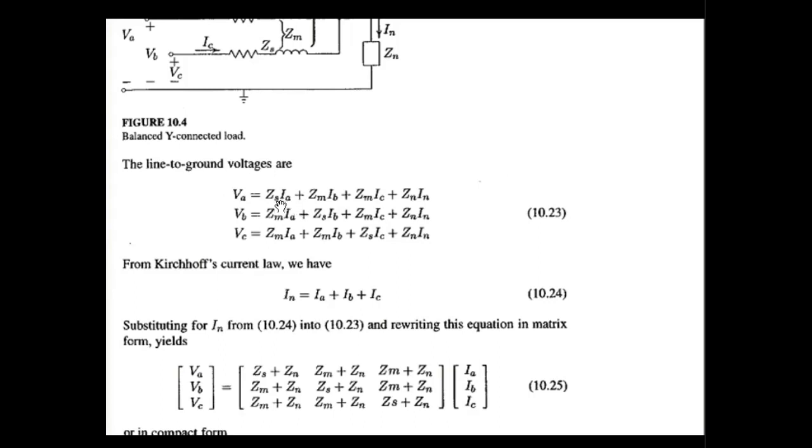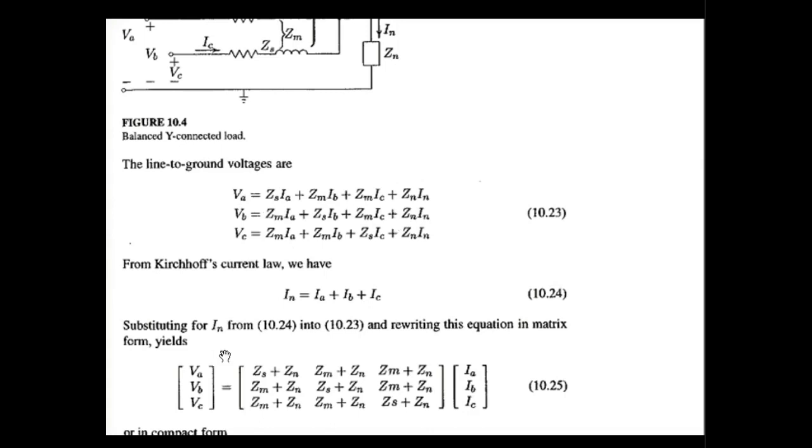No, you have to extract the IA coefficient only when you put this IN there. When you put IN in the first equation for VA, you will have IA plus IB plus IC with ZN. So what about the coefficient of IA then? That would be ZS plus ZN.